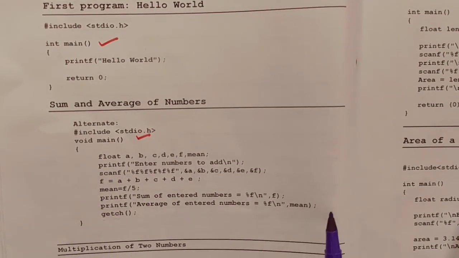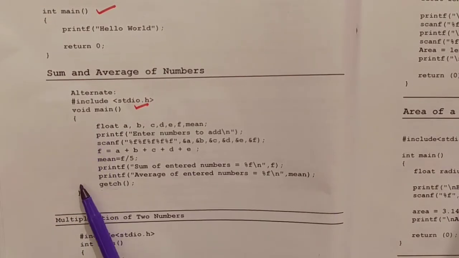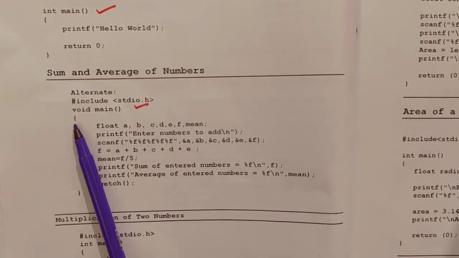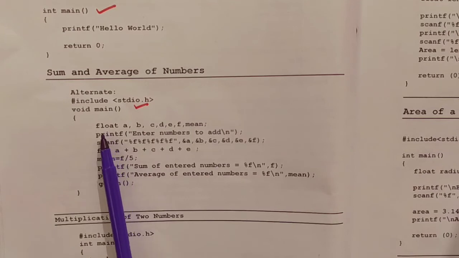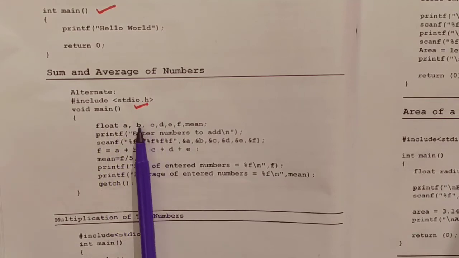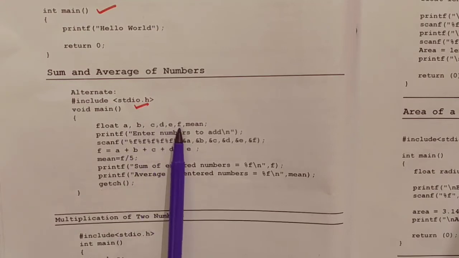Now the third thing, that is the body of the program, starting from the curly bracket and ending also with a curly bracket. Now you can see sometimes it is written float. The first line defines the numbers. Any character or number you can define.